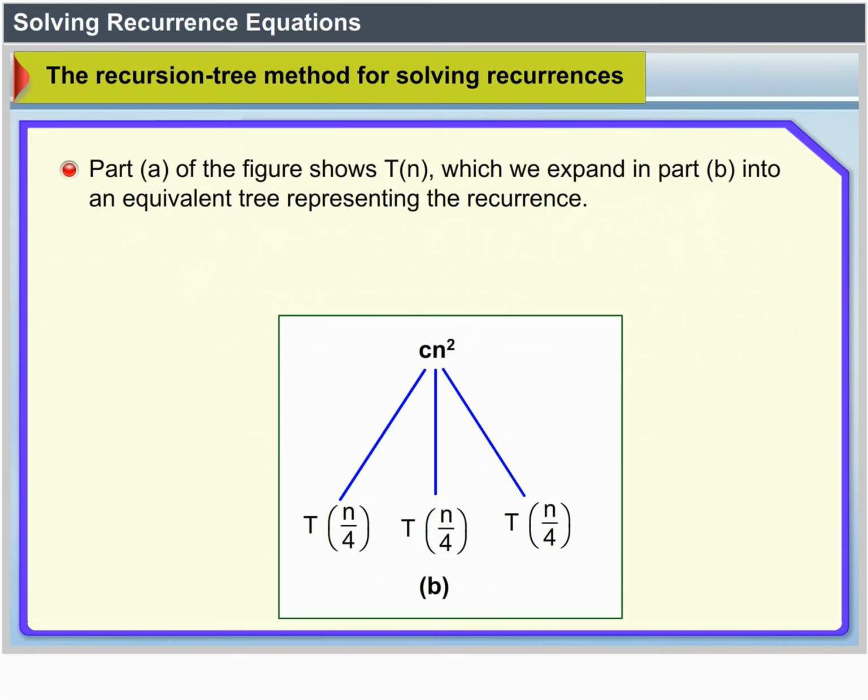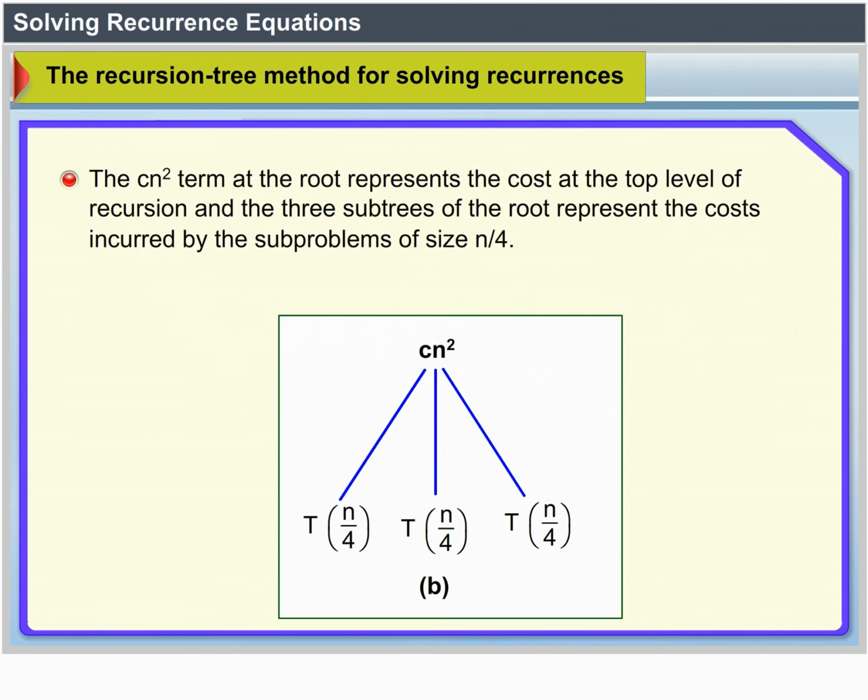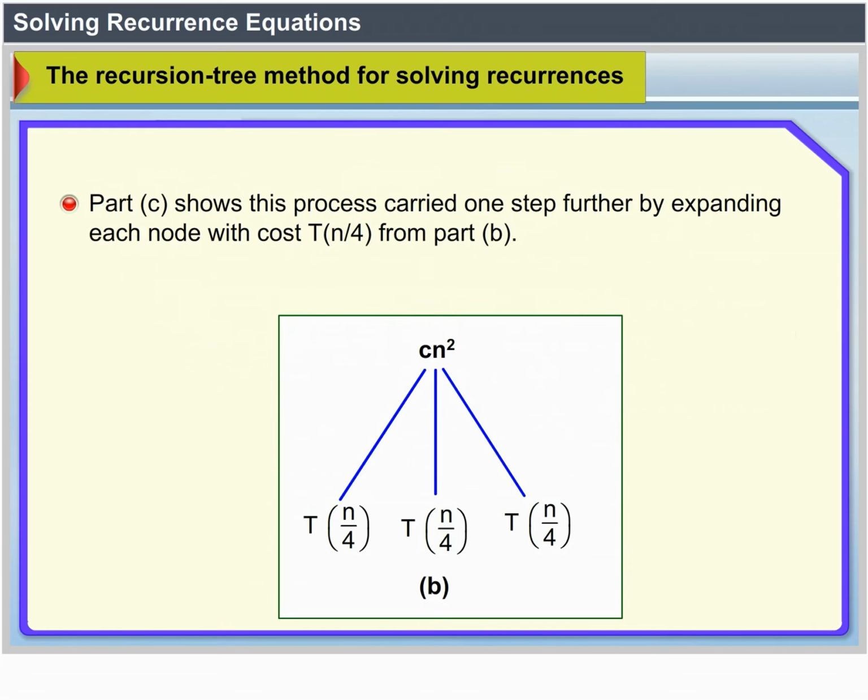The Cn squared term at the root represents the cost at the top level of recursion, and the three subtrees of the root represent the costs incurred by the subproblems of size n by 4. Part C shows this process carried one step further by expanding each node with cost T of n by 4 from Part B.